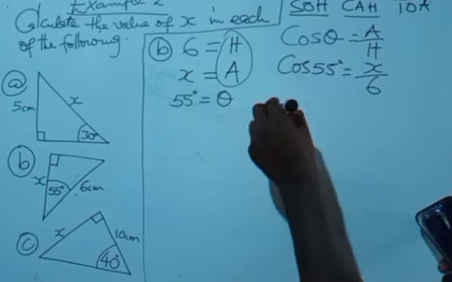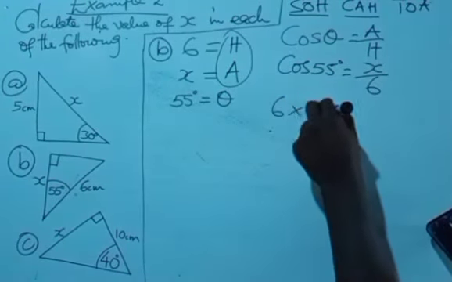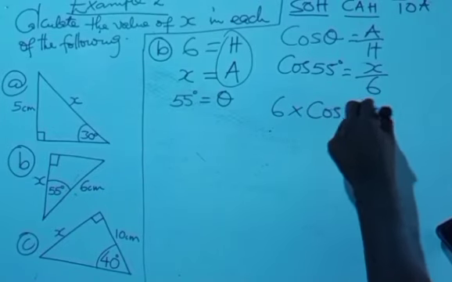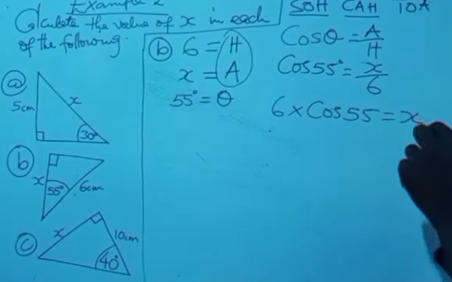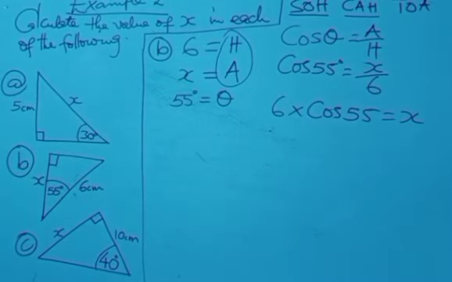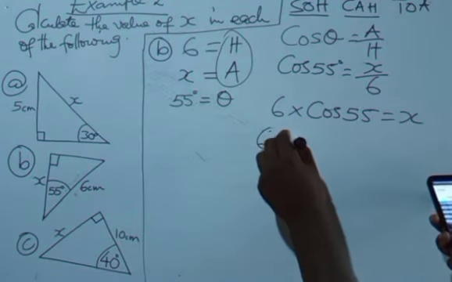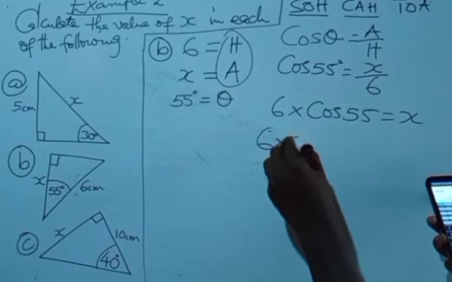So cross multiply by saying 6 multiplied by cos 55 will be equal to x. Now what is 6 multiplied by cos 55? We first need to find cos 55.